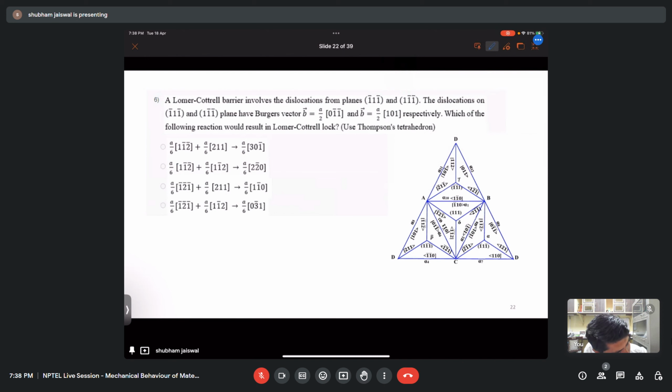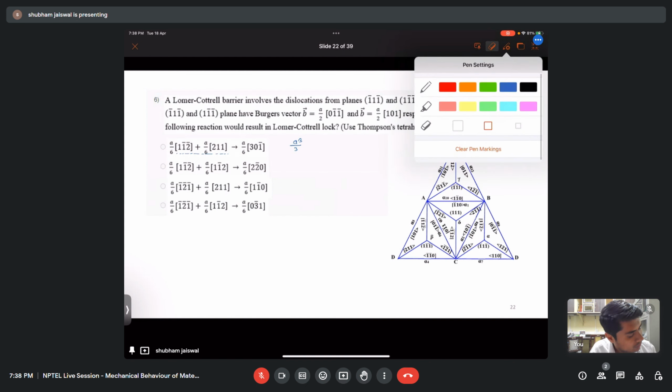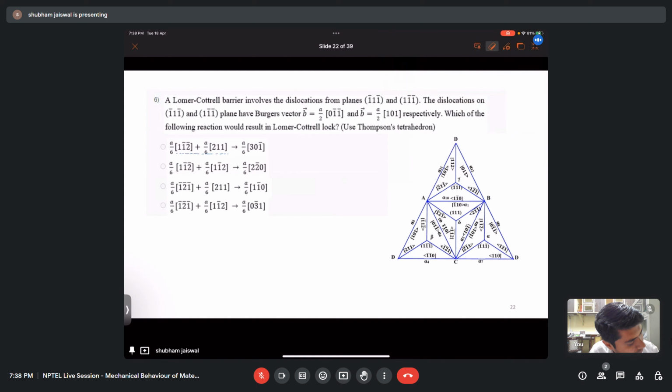For this case, if we find out, it comes out to be a square by 3. So this is a square by 3, and here also a square by 3, a square by 3 and a square by 3.